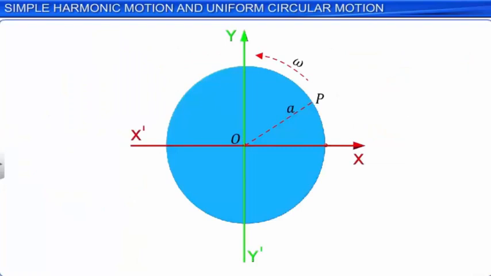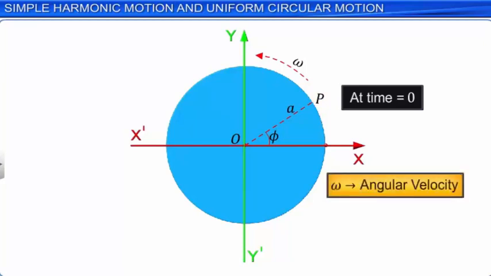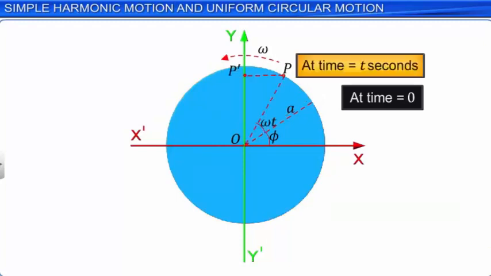In another case, consider the position of the particle P at time t equal to 0, such that OP makes an angle phi with the x-axis. It then executes uniform circular motion with angular velocity omega along the circumference of the reference circle. At the end of t seconds, the position of the particle is such that OP makes an angle omega t plus phi with the x-axis.